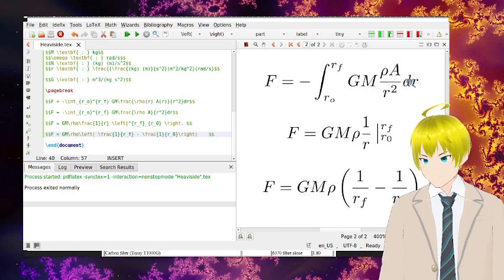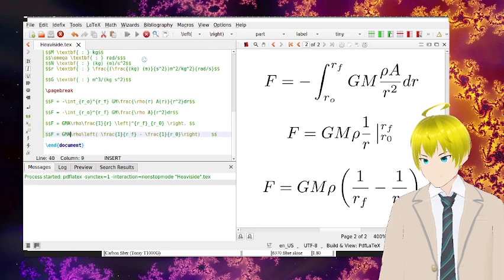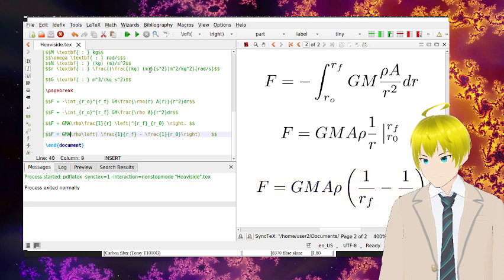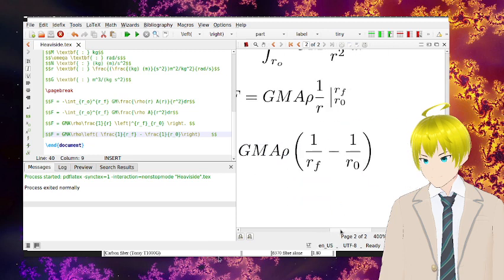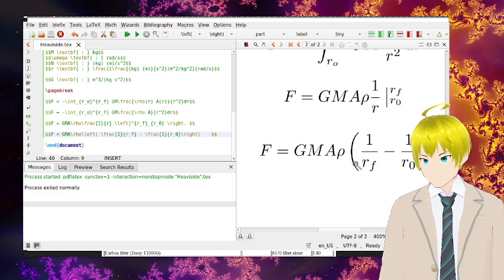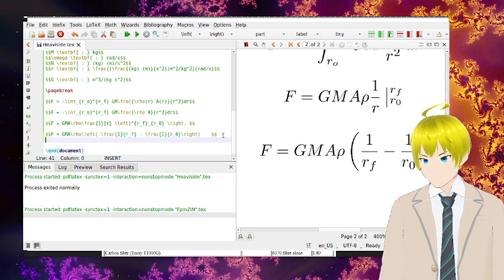Let's see. I think I missed my area. Yeah, I've got to plug A in here. So I got this big constant out front. So let's do this in terms of an arbitrary r, and we could solve for r.